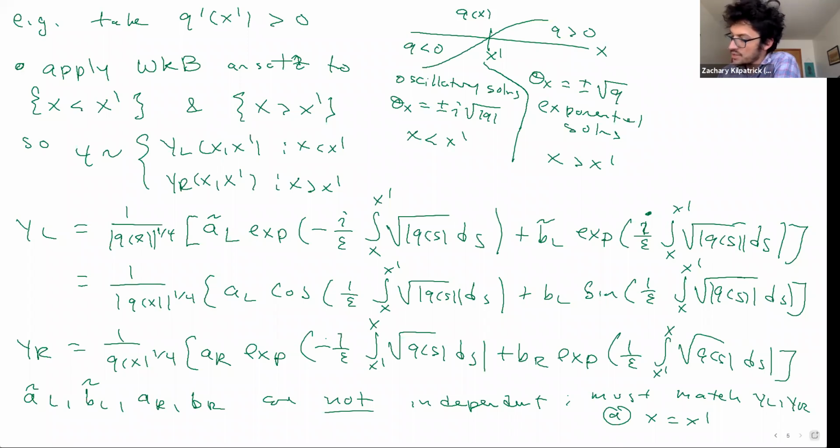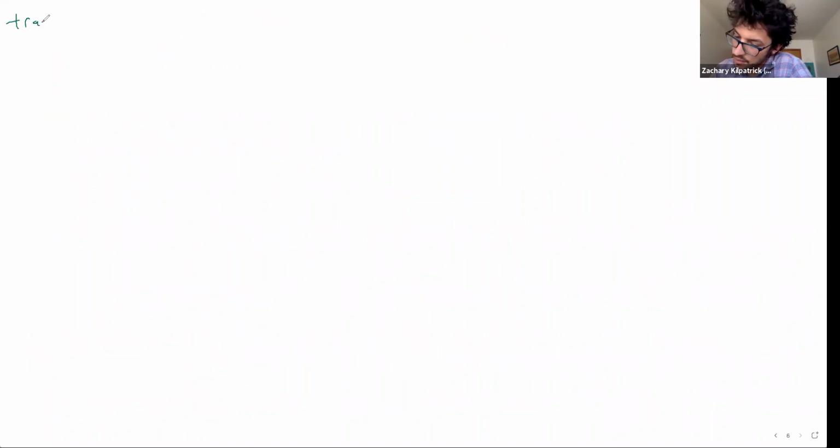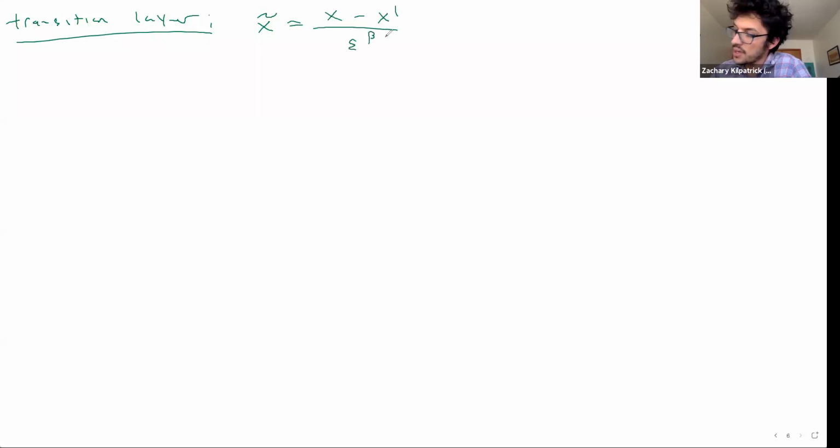So if we build some transition layer, like we've done before for matched asymptotics, we write x tilde equals x minus x prime over epsilon to the beta. In other words, x is equal to x prime plus epsilon to the beta x tilde. So we're squashing the scaling of x right at this boundary layer.